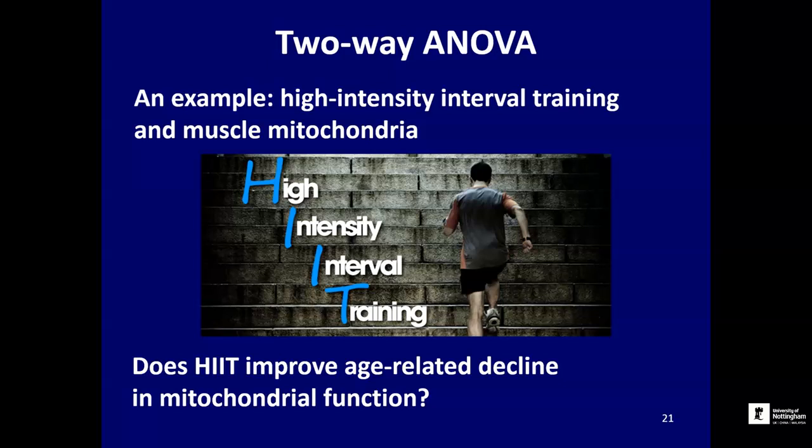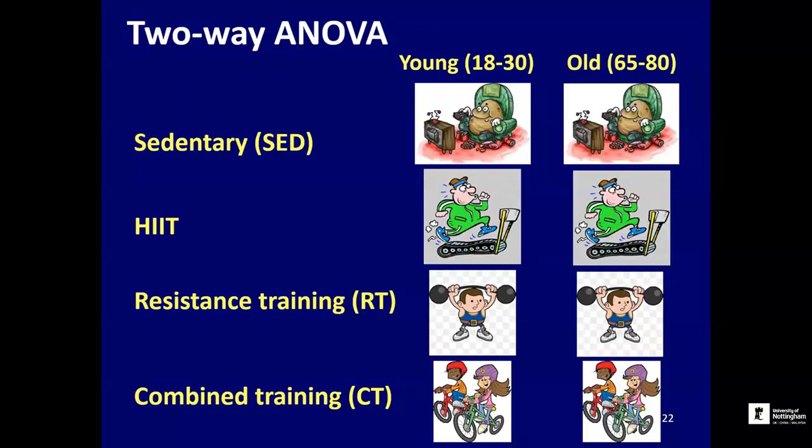And so here the study was looking at the mitochondria in the muscles and looking in particular at protein synthesis and looking to see if the age-related problems with protein synthesis might be reversible or fixable by giving elderly people particular forms of exercise training. So the experimental design was more complicated than the ones we've seen so far. There are 4 different exercise regimes.